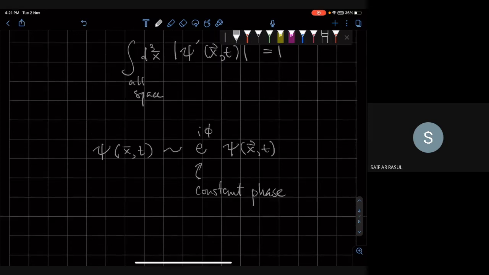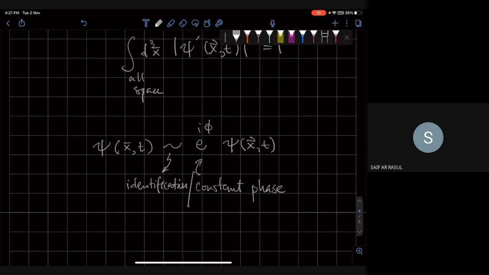This is an identification, an equivalence relationship. So it's actually a projective vector space. Anyway, we'll return to that later on.